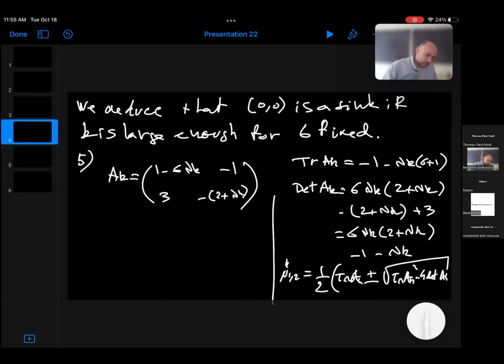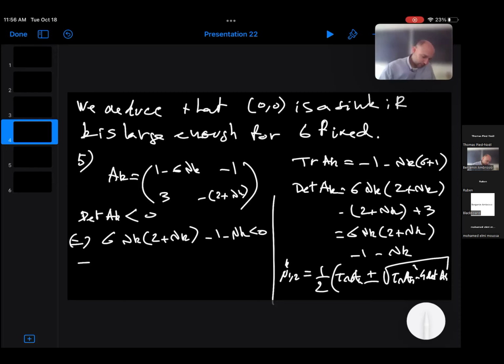So I will just write now the condition that the determinant of A_k is negative, and this is equivalent to sigma lambda_k (2 + lambda_k) minus (1 minus lambda_k) negative, which is equivalent to sigma less than... so sorry, because it's a plus here, minus 2 plus 1.